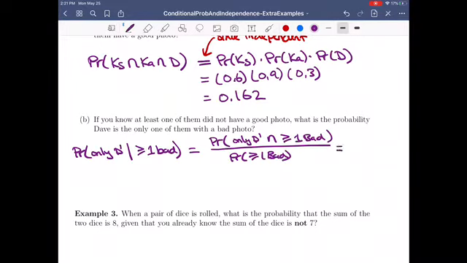Now, for the intersection, we have at least one is bad and only Dave is bad. If only Dave is bad, that means at least one is bad. And if at least one is bad, it could be Dave or Ksenia or Katya or multiple. So the intersection here is actually just the more specific one, which is only Dave is bad.